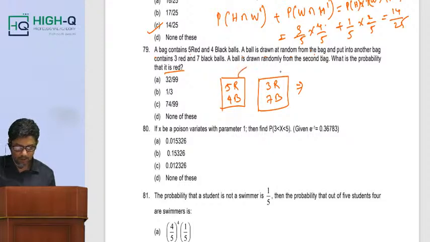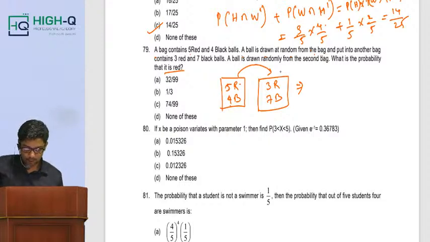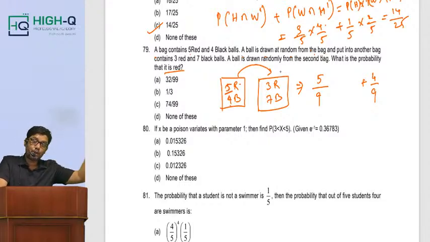Now a ball is transferred from bag A to bag B. Here the problem is which colored ball is transferred is not given. The colored ball can be red ball transferred or black ball transferred. So first, what is the probability of red ball transferring? 5 by 9. Or what is the probability of black ball transferring? 4 by 9. Now let me see what happens. But the second ball should be red ball.